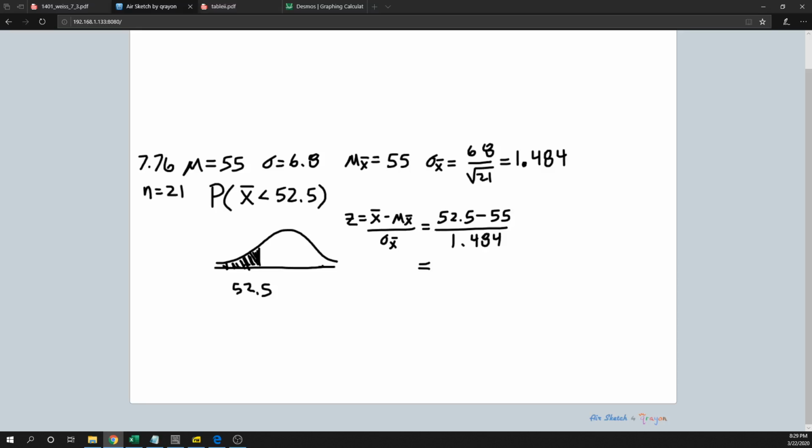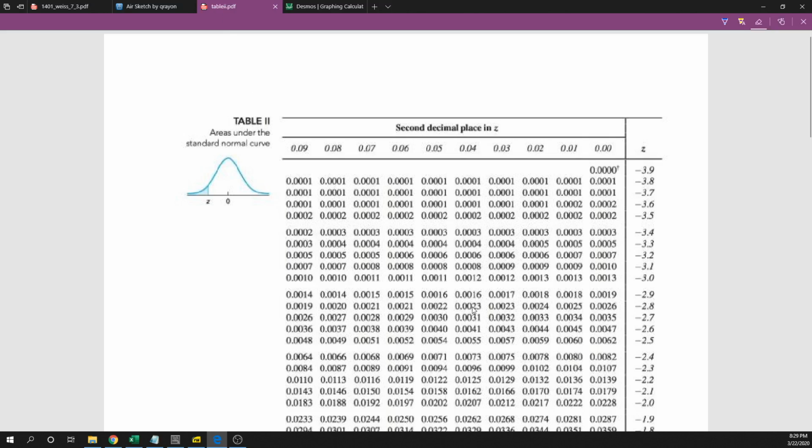So that comes out to be minus 1.68 to 2 decimal places. Okay. All right, and so now we would go look up minus 1.68 in table 2.